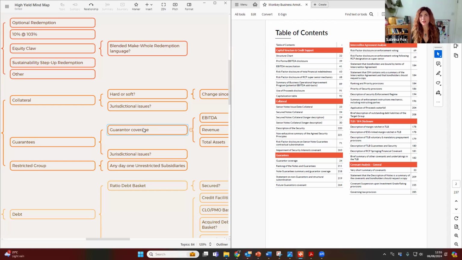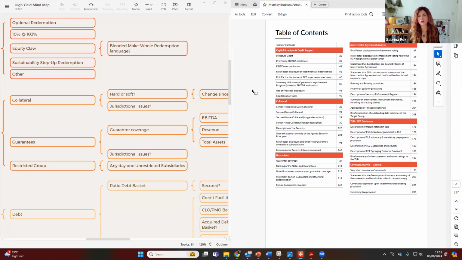And in Europe especially, this is a very complicated question because there are lots of local law, jurisdictional issues and limitations on guarantees that could actually cause a guarantee given from one of these jurisdictions to not be worth as much as you think it might, as it is a guarantee to pay the full principal amount if the borrower doesn't. That's what the guarantee is designed to do. But there are many jurisdictions that will prevent borrowers, especially in an LBO context, from providing that level of a guarantee. So all of that information will be set out, and we'll go through it in jurisdictional issues.